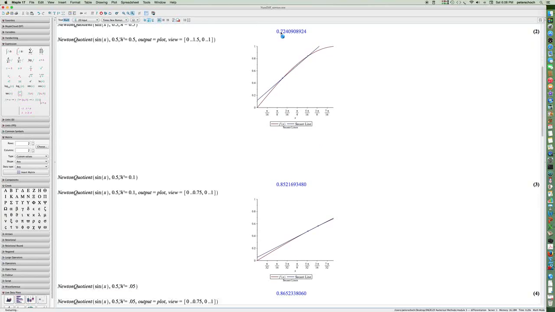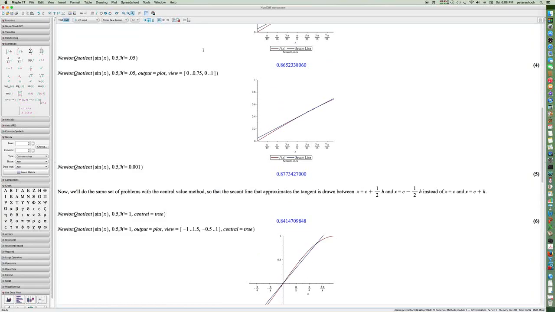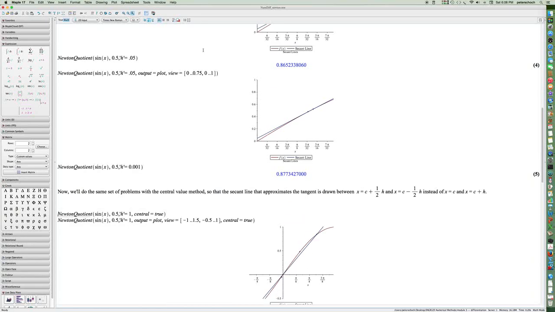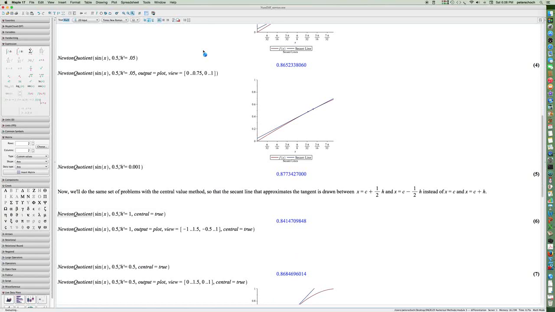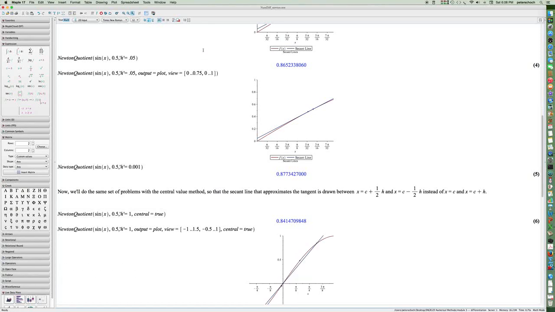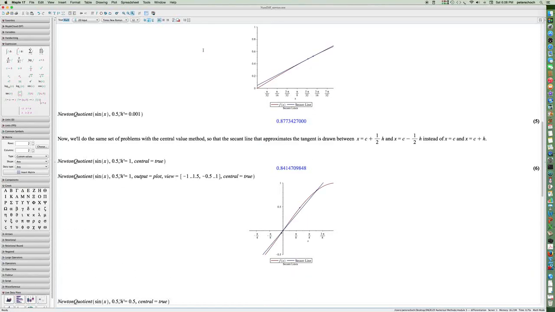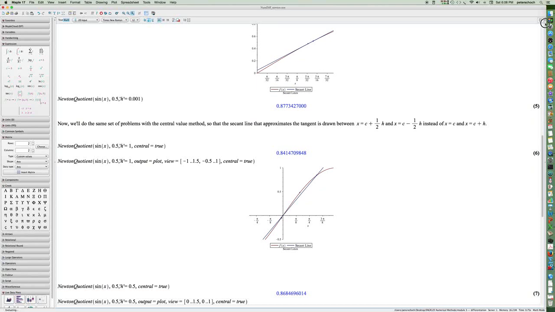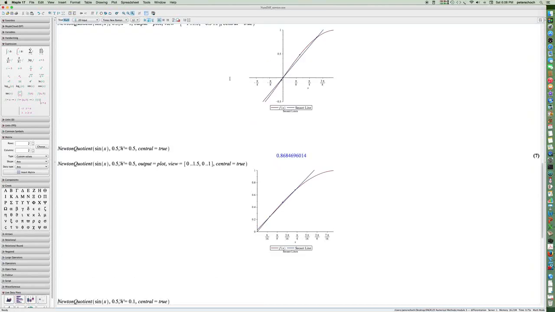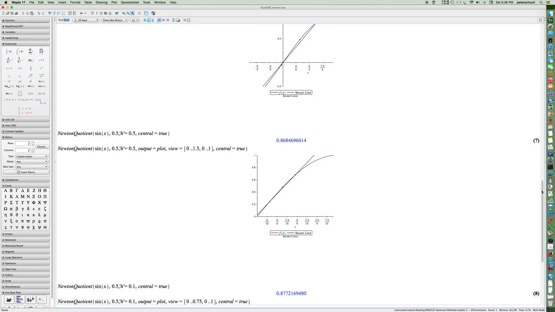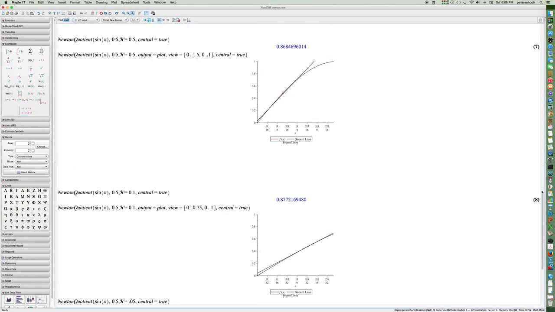All right, as my computer jumps all over the place, I'm very sorry. I have to wait for it to recalculate everything.